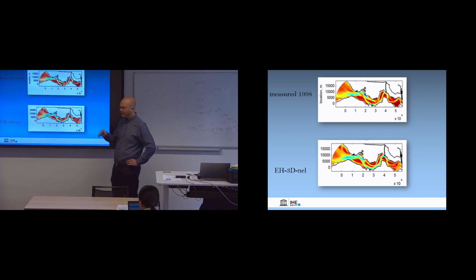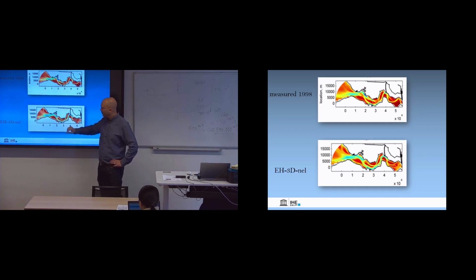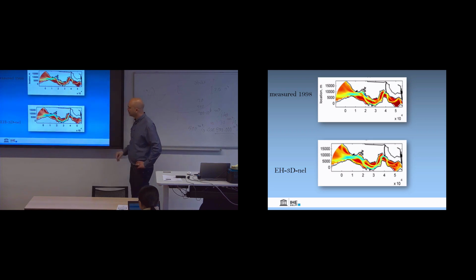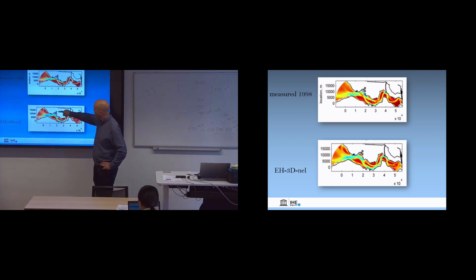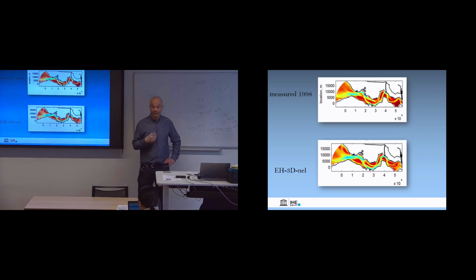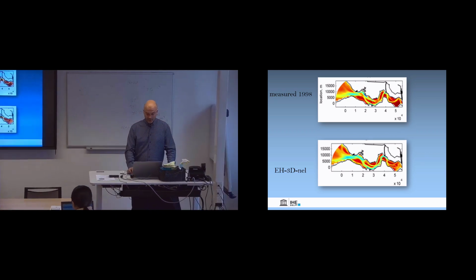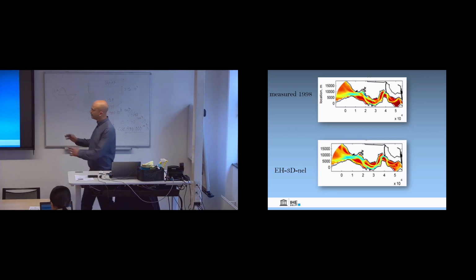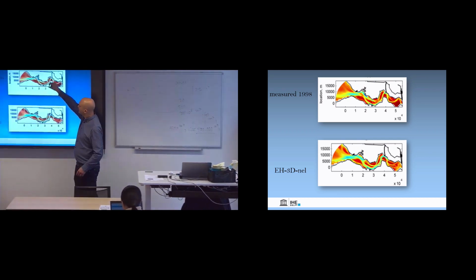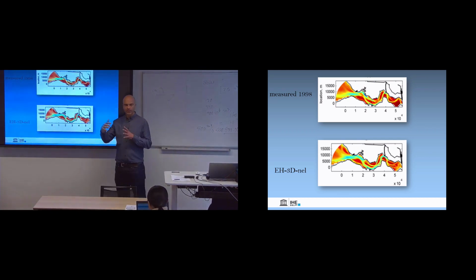We know where these layers are, so if we put them in the model as well, we get this, and this is basically the best run. It's not performing well here, but here it performs almost exceptionally well, actually. So basically this suggests that the shape of the basin determines where your channels and shoals are located.